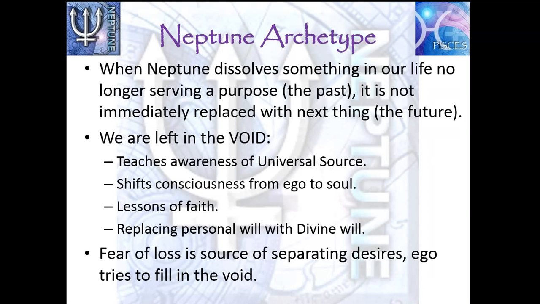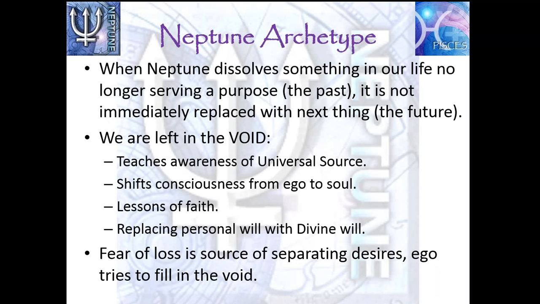Now, what happens when Neptune discovers something in our life no longer working or serving a purpose? There's the past, and it's dissolving. It turns us inward until we really ponder it and work to surrender and let it go. It is not immediately replaced with the next thing, which is the future.